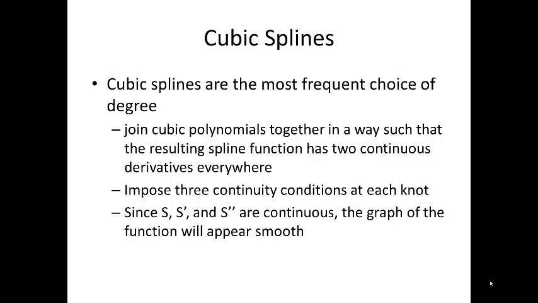Since s, s', and s'' are continuous, the graph of the function will appear smooth. Discontinuities, of course, will occur at the third derivative, but these cannot be easily detected visually, which is one reason for choosing degree 3. Only highly trained dogs and mathematicians who are trained to sniff out these anomalies can actually detect them. Experience has shown that using splines of degree greater than 3 seldom yields any advantages.